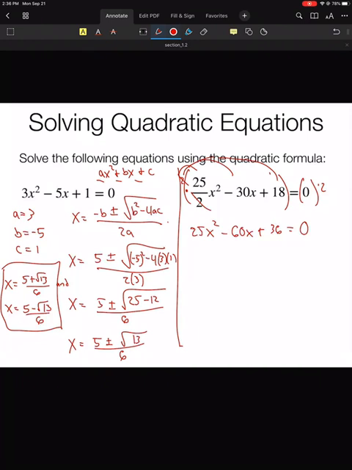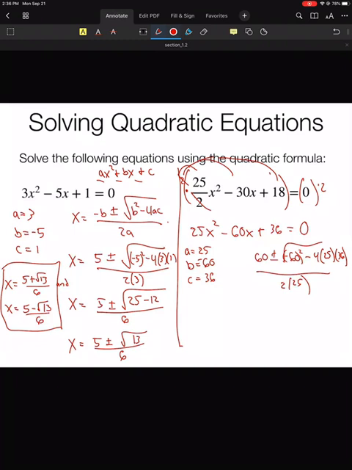Okay, now I can use the quadratic formula again, this time with much larger numbers. Okay, a is 25, b is negative 60, and c is 36. So the formula is 60 plus or minus the square root of negative 60 squared minus 4 times 25 times 36, all over 2 times 25.